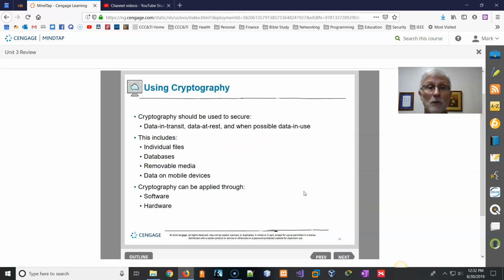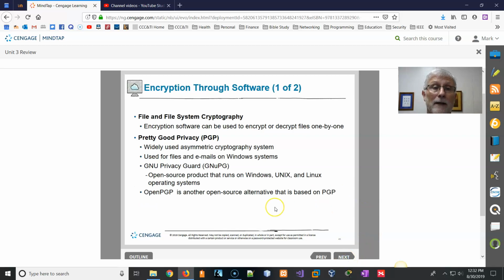Like we said earlier, it should be used on data in transit, data at rest, and when possible, data in use. This includes individual files, databases, removable media, and data on mobile devices. You can do this either via a software version or a hardware version. Through software, you get file and file system cryptography, which means I can encrypt or decrypt files one by one.